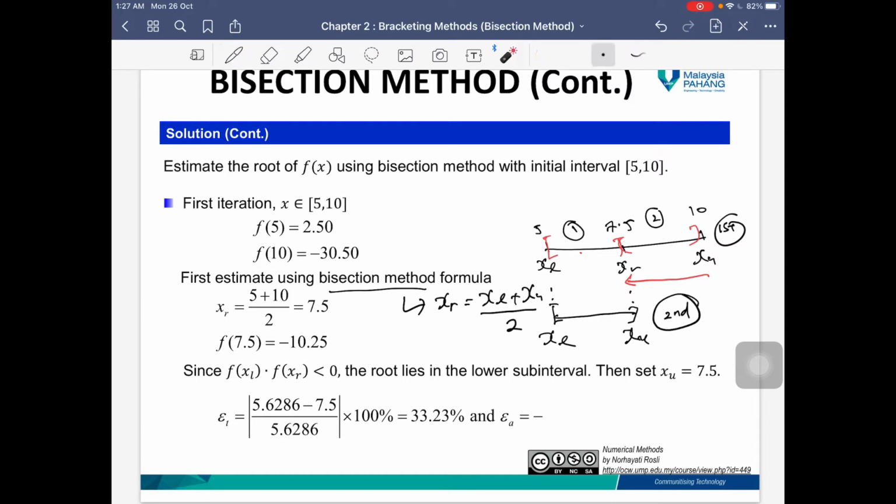Next we can calculate the true percent relative error: the true value minus the present approximation, divided by the true value, multiplied by 100. Then we get 33.23%. However, at the first iteration, we cannot calculate the approximate percent relative error because we just started our approximation, so we put a dash here.